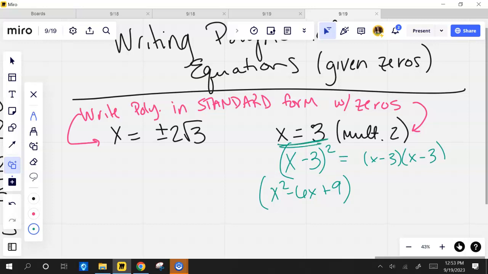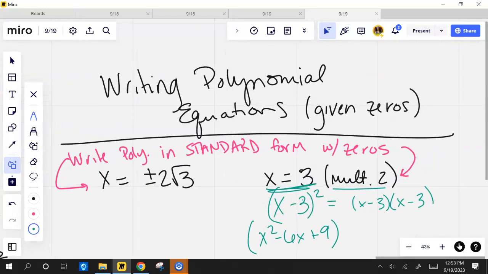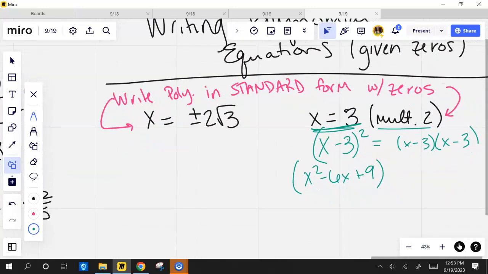Because it says x equals 3 is a 0, multiplicity of 2. Yes. Just like when we were over here, right? The zeros we found were the opposite sign. You're doing the same thing, but writing the factors out. And then we're going to multiply them out.